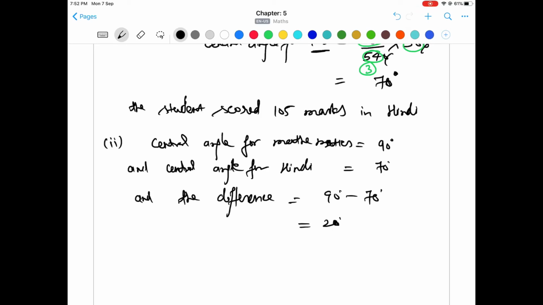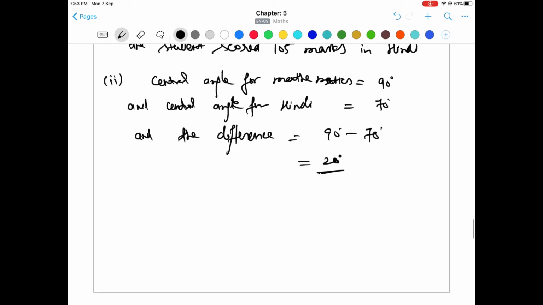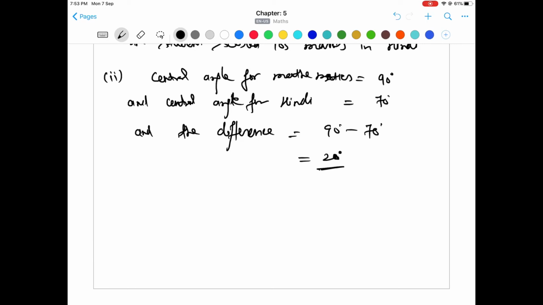So difference between the two is 20 degree. So that's the difference between the marks obtained in two subjects. So we have to find the value of 20 degree. Okay, value.